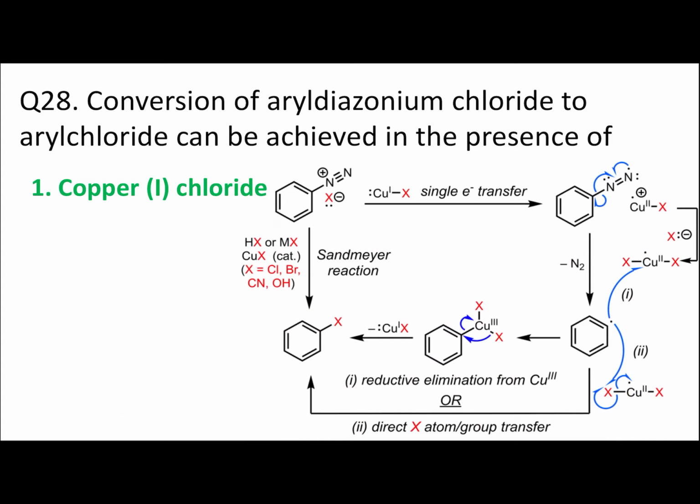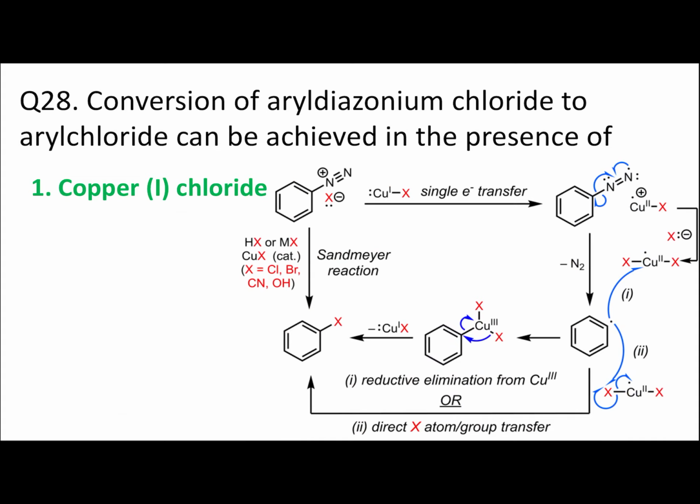Here the first compound you can see above is an aryl diazonium compound, and next to the aryl diazonium you can see CuX, it is copper 1, and there is a single electron transfer from copper to the nitrogen. So it is now copper 2, and subsequently it becomes copper 3, and again it regains its initial form back and forms copper 1.